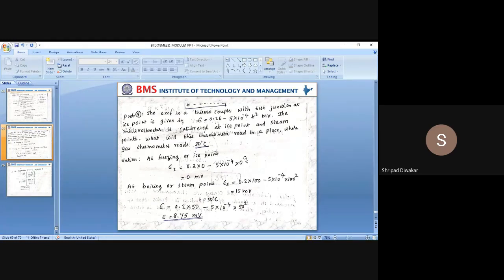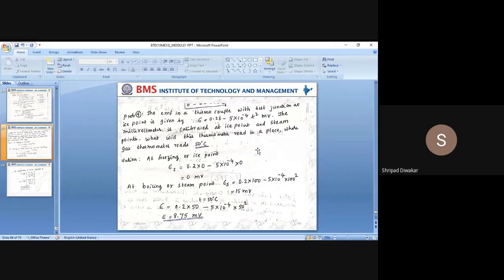As I said, the first step is to write the given equation. Epsilon is nothing but EMF; EMF is represented by epsilon. Epsilon equals 0.2t minus 5 into 10 to the power of minus 4 t square. As we discussed, what is ice point?